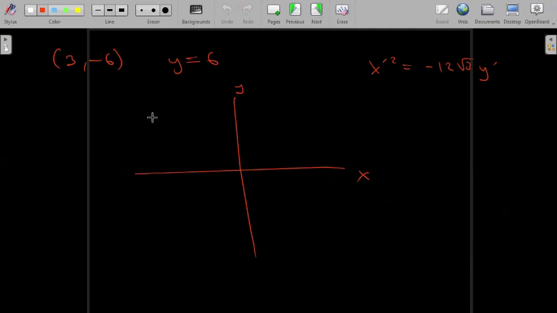So I have these 2 points, this being my focus in the xy plane. Remember we found one in the x prime, y prime plane, and this is my x and y plane.